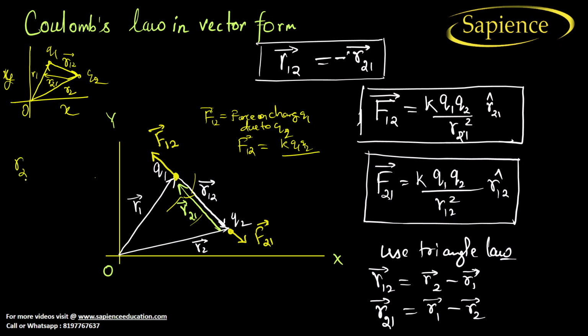See here, the magnitudes of R12 and R21 are the same, but the directions are different. So which direction should we take here?